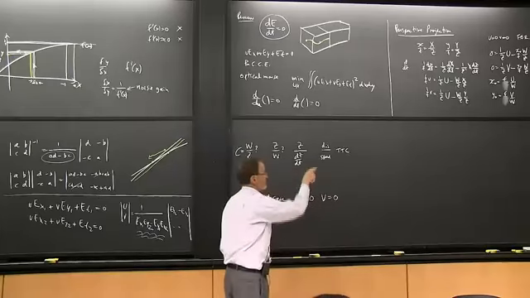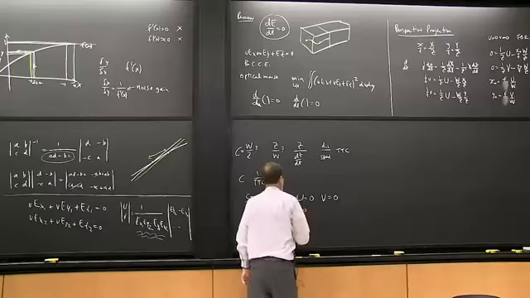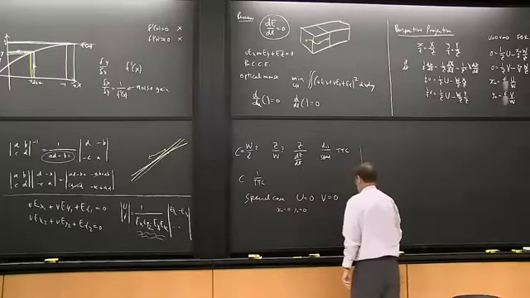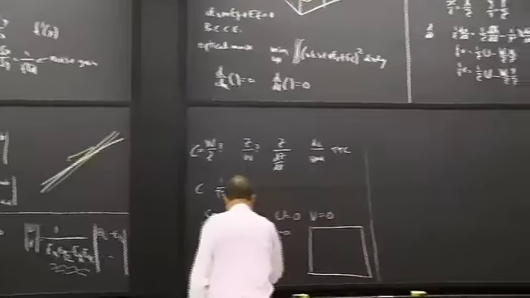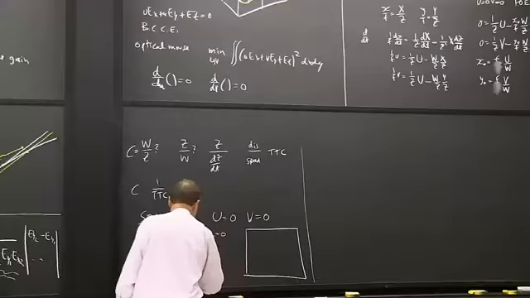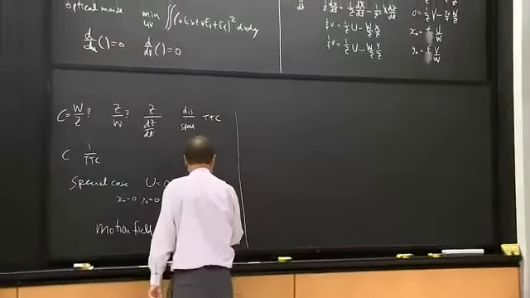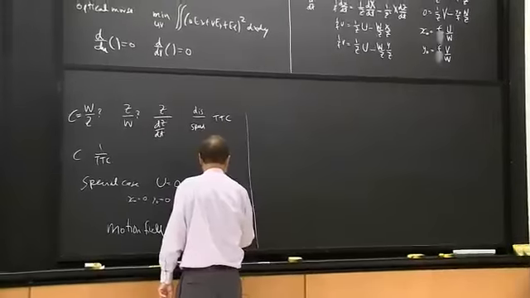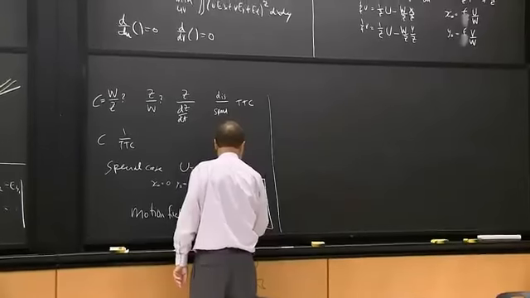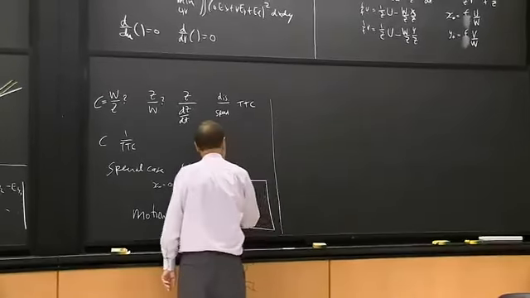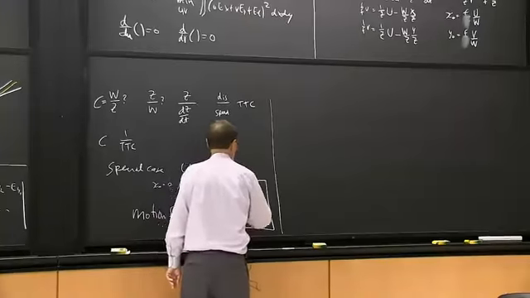And then according to the formulas for x naught and y naught, and if I draw the diagram for the motion field, it's going to look like that.